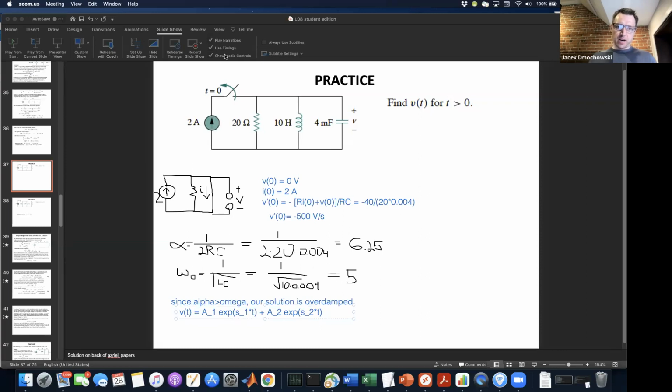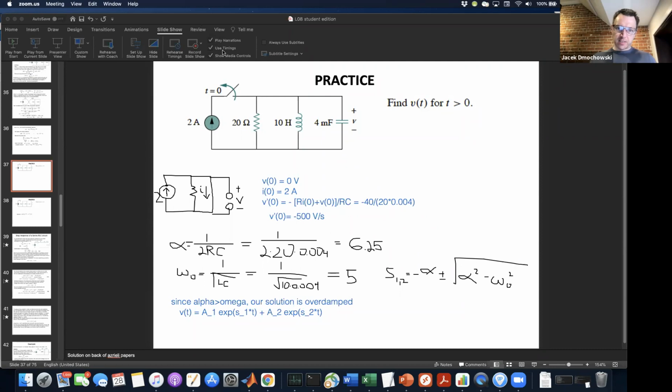So here's where you do that quadratic equation. So we know that S1 and S2 are equal to negative alpha plus minus the square root of alpha squared minus omega naught squared.